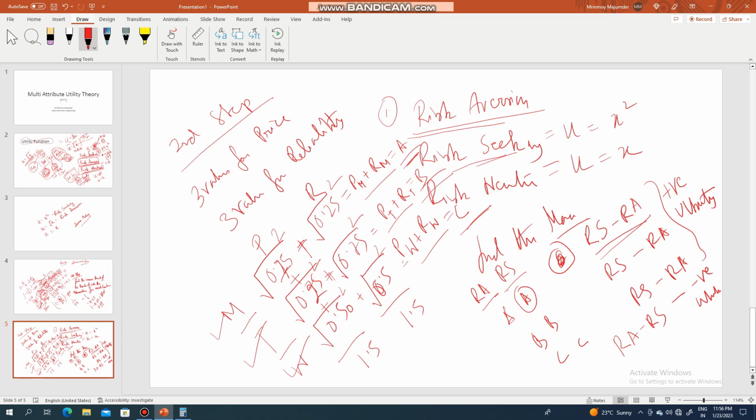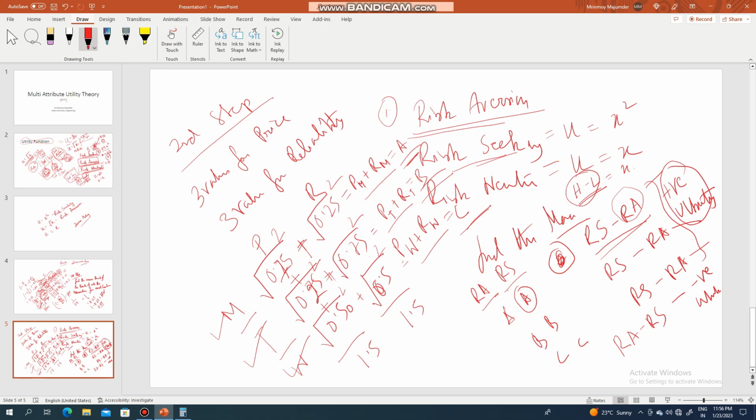Why so? Because risk seeking has a greater potential of profit, greater potential of utility, and aversion has a lower potential of utility. So if you deduct the low from the high, then only the maximum values can be generated. Once you generate RS minus RA for Maruti, RS minus RA for Toyota, RS minus RA for Wagoner, you compare these values with each other. In case of positive utility, the more the magnitude of the difference, the more preferred that option will be.